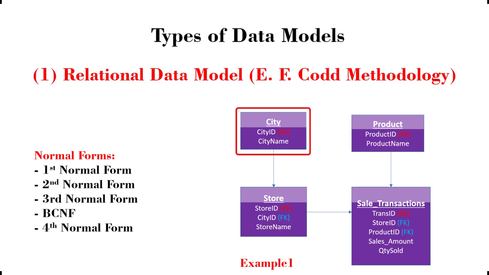So for instance, this city entity has only attributes that pertain to the city entity, such as city ID, city name. We do not have any other attributes that do not belong to the city entity. If we do that, that's going to create data redundancy in our relational data model.